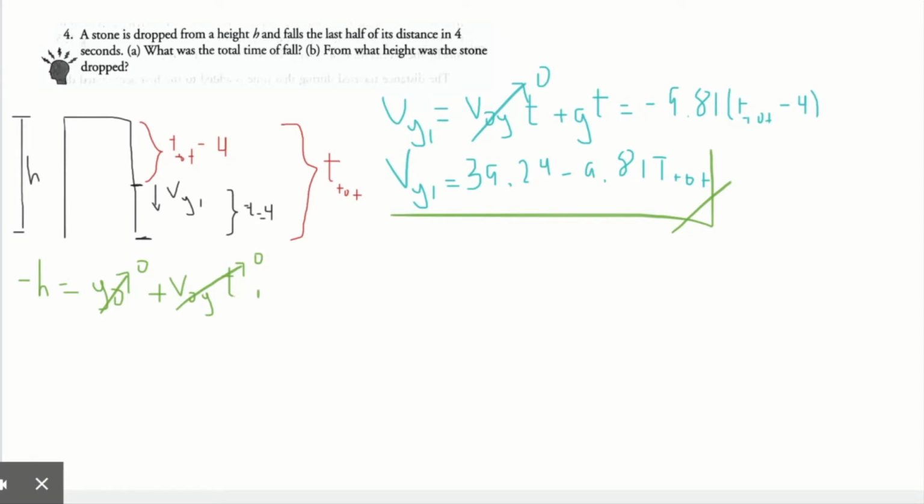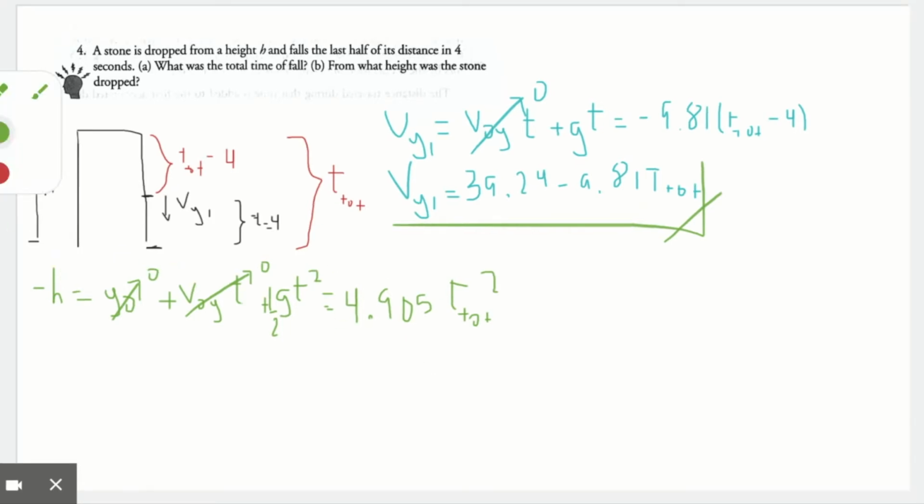Finally, plus 1/2 gt squared. Sorry, I forgot the 1/2 here. 1/2 times 9.81 is 4.905, and the time would be t tot, and of course it is squared. We know that this equals minus h.